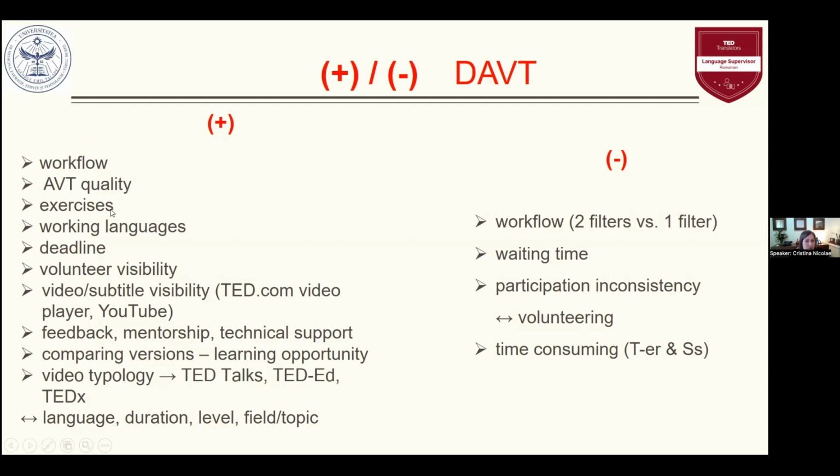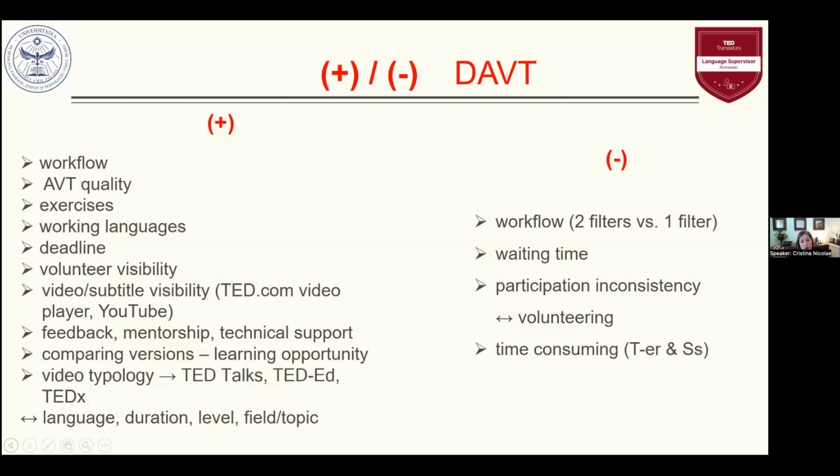You can work with different types of exercises on a given subtitled video, as I mentioned earlier. We have a lot of working languages to choose from. There is a certain deadline, obviously, but as compared to some other platforms that go for volunteering and that we can use with our learners, the deadline here is quite generous, meaning that we have 30 days to complete a task.